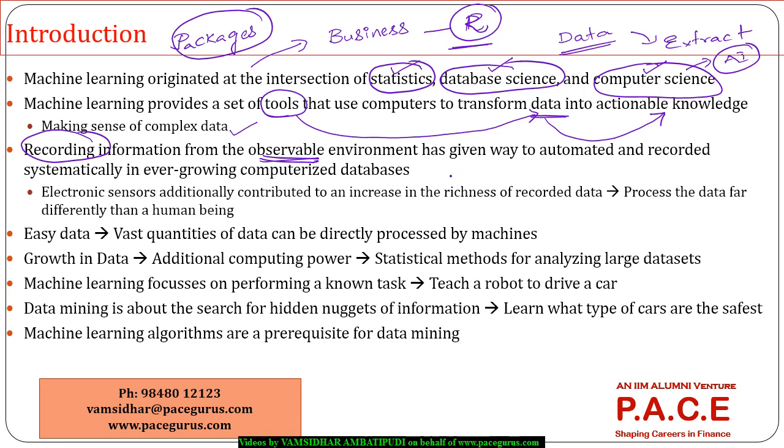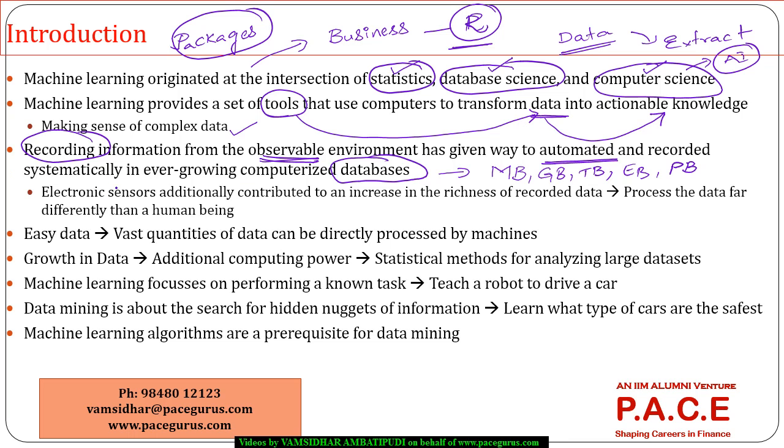I have a lot of technologies which can do automated recording of information. So the data is growing like anything. The size of databases is moving away from what used to be a kilobyte or megabyte to a gigabyte, a terabyte, an exabyte or a petabyte. That is how the data has been growing, because of the automated ways of data collection.